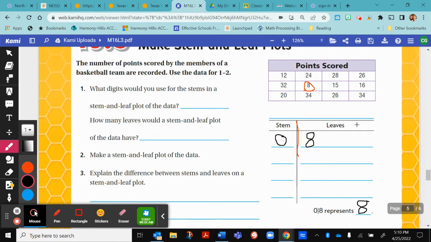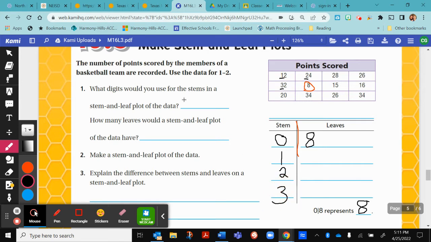So there's my 8. The next one, I'm going to go to my next stem and I can see that I'll have stem 1 because there's 1 in the tens place. Then I also see the next one, I have stem 2 because there's 2 in the tens place. And then there's stem 3 because there's 3 in the tens place.